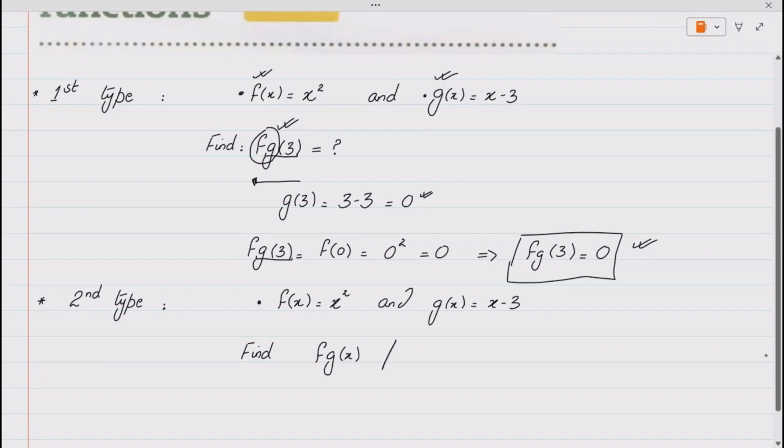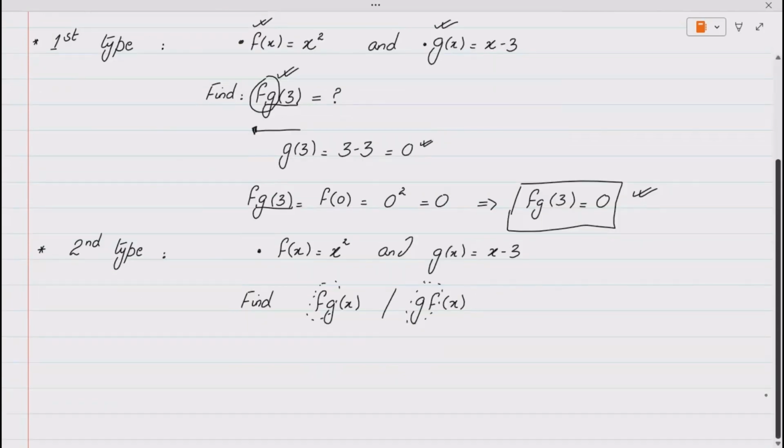Or g of f of x. So this is a composition and this is a composition. So for two functions, we can make two compositions. First f, then g; in the next one, first g, then f, right? So in the second type of question, they can ask to find generally f of g of x, the composition of f and g, or they can ask the composition of g and f, so g f of x.